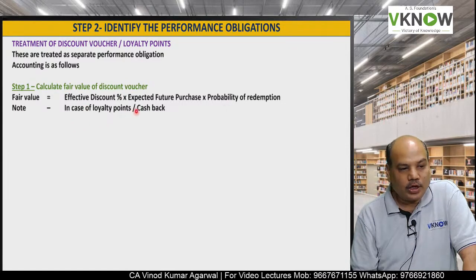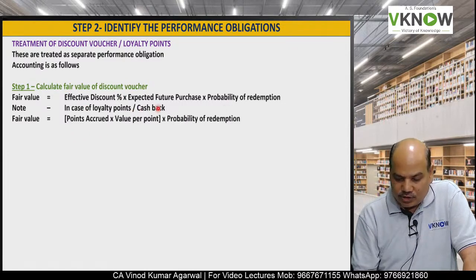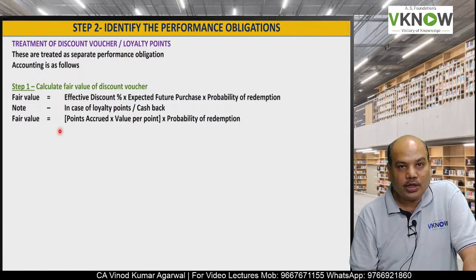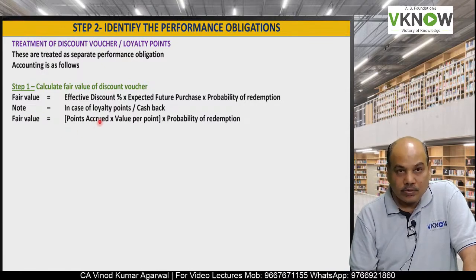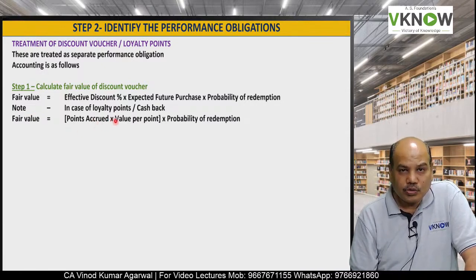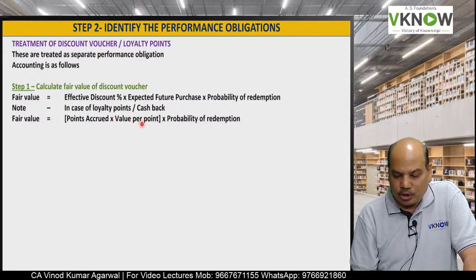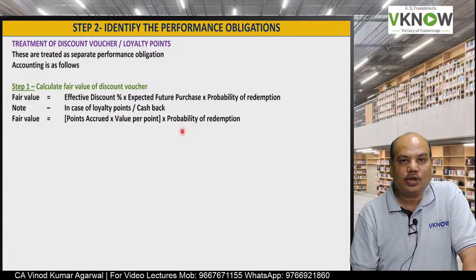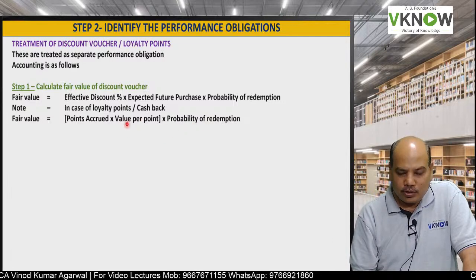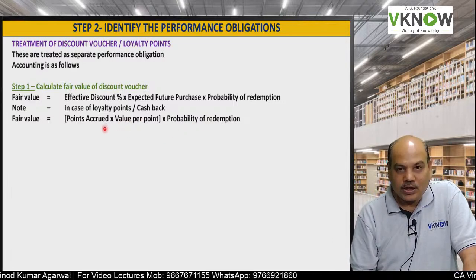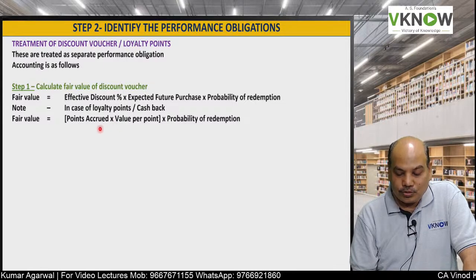In the case of loyalty points and cashback schemes, the fair value is equal to points accrued into value per point into probability of redemption. Nowadays on TV, Tata New gives you some new coins, Tata New coins.